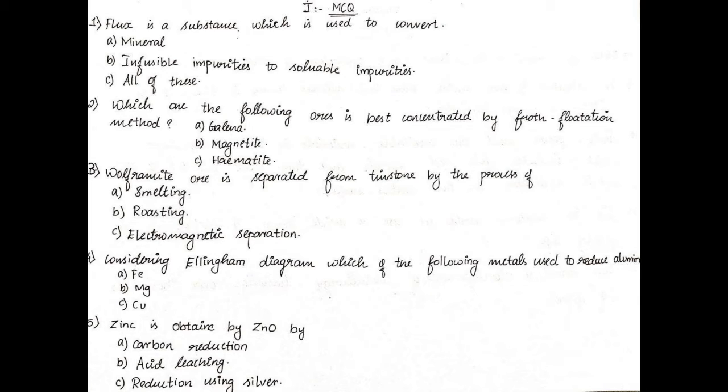Option A, iron; option B, magnesium; option C, copper. Fifth, zinc is obtained from ZnO by option A, carbon reduction; option B, acid leaching; option C, reduction using silver.